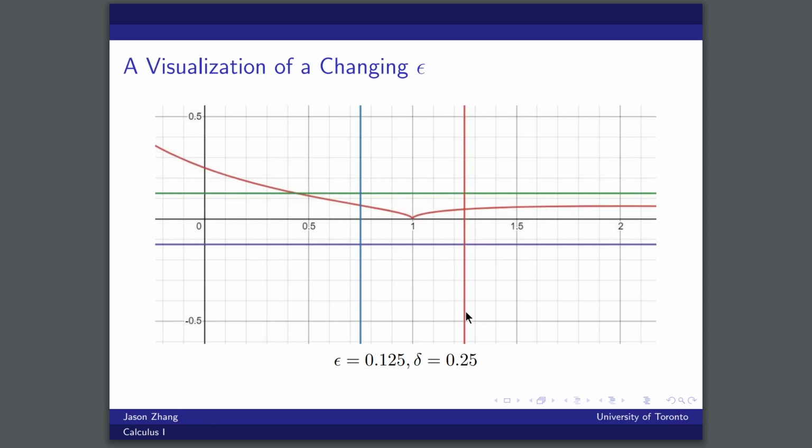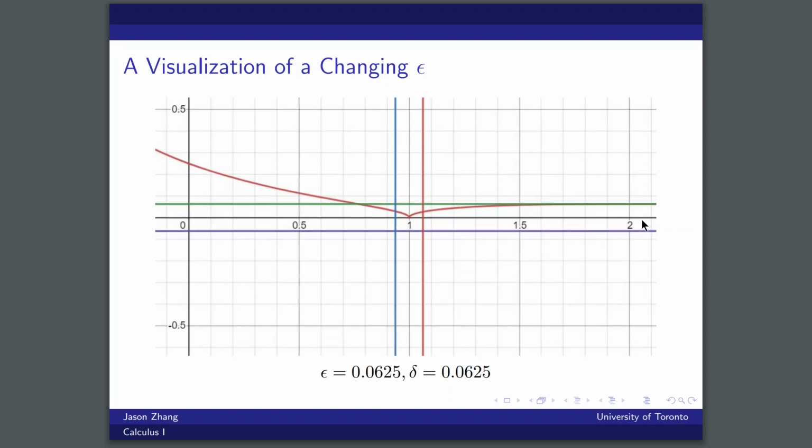And we needed to shrink delta because when we're shrinking our bounds for epsilon, we need to shrink delta so that the function remains within this box and that it doesn't cross the green or purple line in this interval. So we can halve epsilon again, and once again, delta shrinks. It shrinks by a factor of 4 because delta depends on epsilon squared.